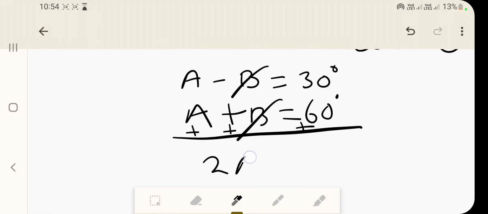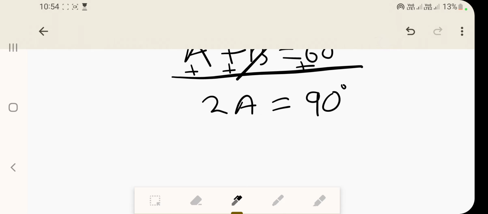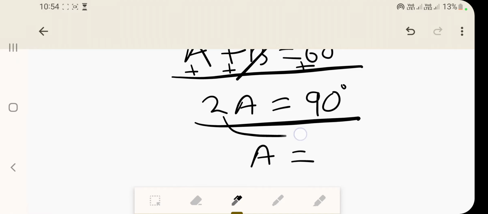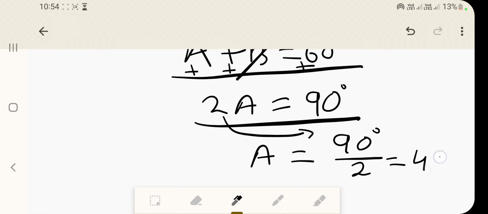A and plus A, we get 2A. 30 degrees plus 60 degrees is 90 degrees. So we got 2A is equal to 90 degrees. A is equal to, we can bring this 2 to the right hand side, so it comes in the denominator. So we get 90 degrees by 2, which is 45 degrees.